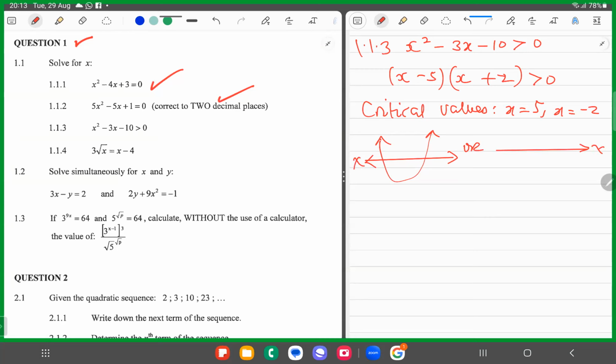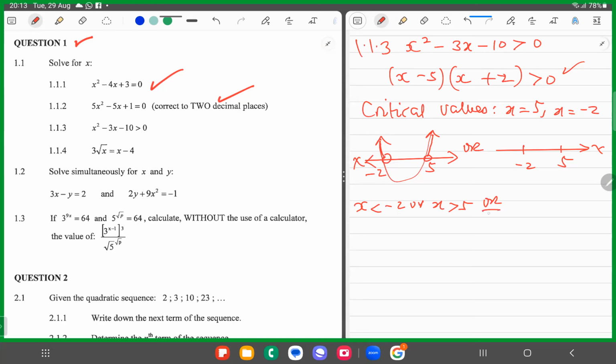You'll put minus 2 there, you'll put 5 there. Because this is greater than 0, where is this graph greater than 0? You analyze that and realize that this graph is greater than 0 when it's above. From this shape, the smiley face, we're going to see that x is smaller than minus 2 or x is bigger than 5.